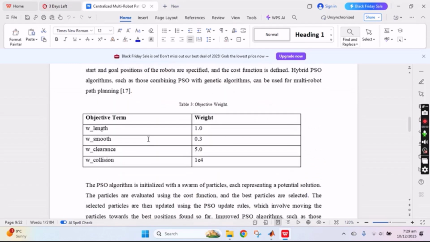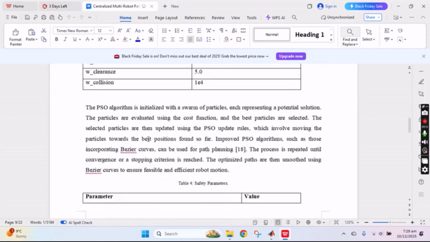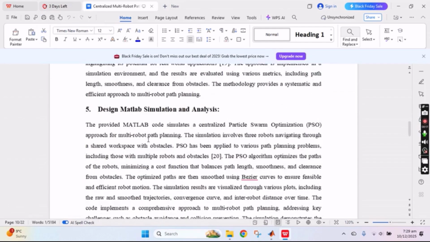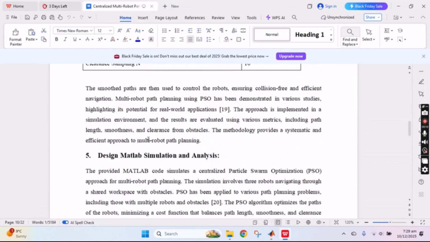So here is the methodology with the objective weight tables, with the safety parameters table, with the design of smoothness with the clearance and the obstacles.